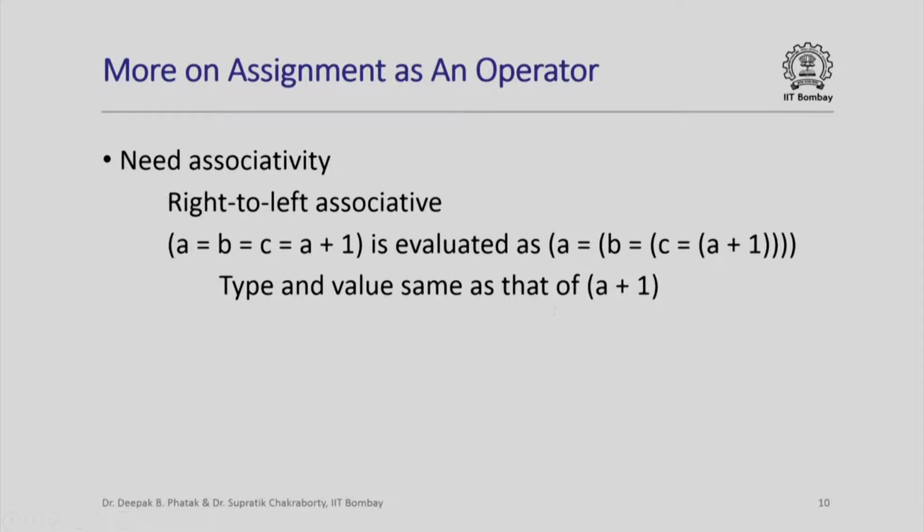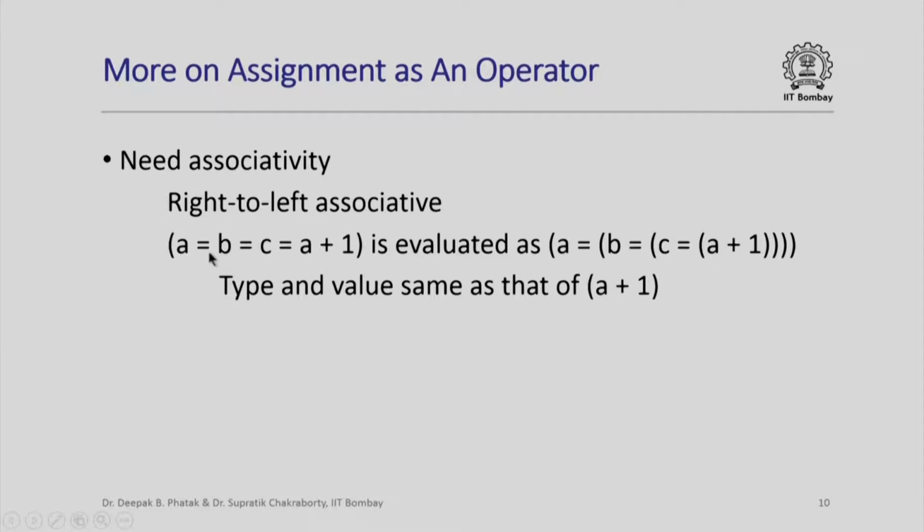Now, just like precedence, if you want to treat assignment as an operator, you also have to worry about its associativity. Unlike any of the operators that we have seen so far, the assignment operator is right to left associative, which means if I write an expression like this, first of all, plus has higher precedence than assignment. So A plus 1 is going to be evaluated first.